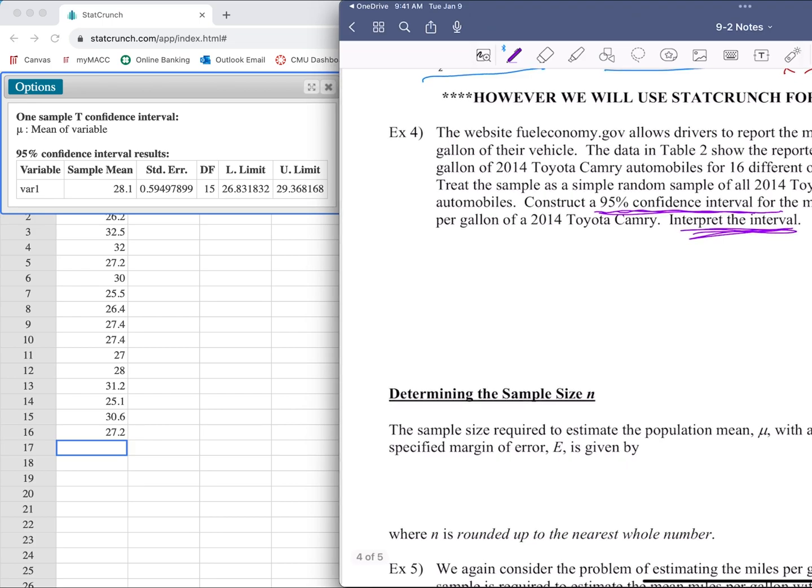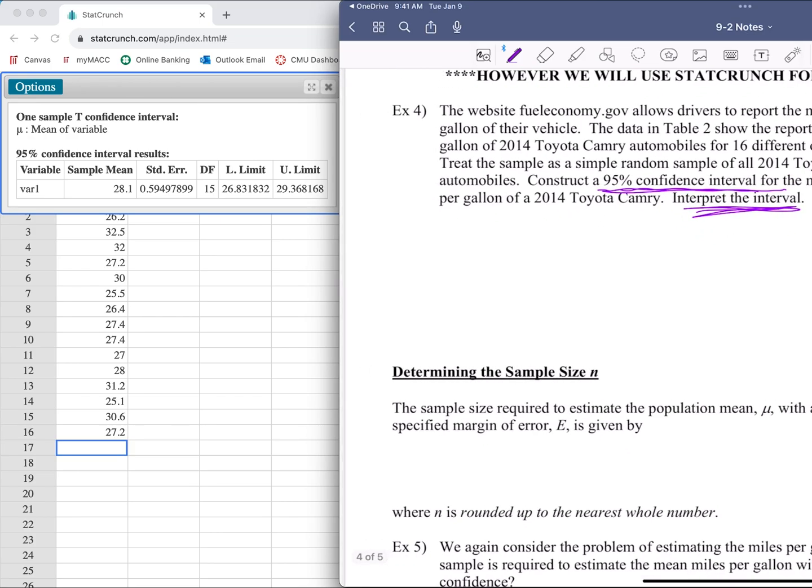So let's swing it back to our current problem. We have our upper limit and our lower limit. Let's write the lower first because I think it makes more sense. Sorry about that. That's why we use pencils, right? It's the beauty of it. Lower limit is 26.83.